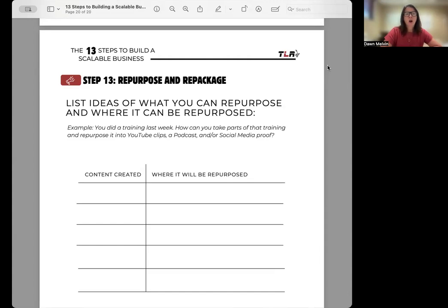The things that you're doing in your business, can you repurpose them? Can you share them with other agents in the brokerage, or how can you be useful and share your learnings with other agents?